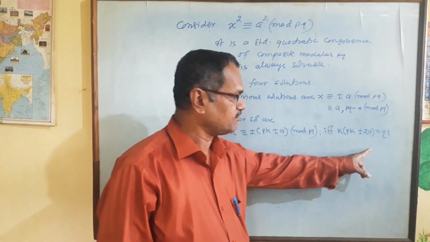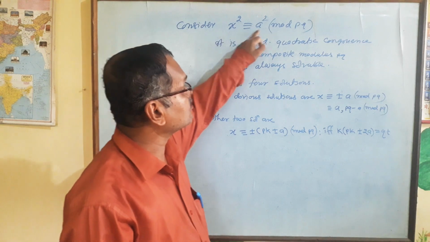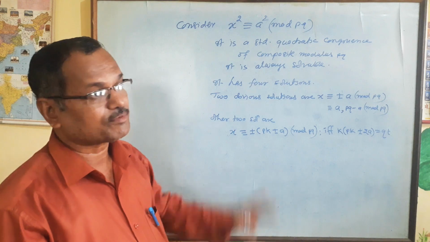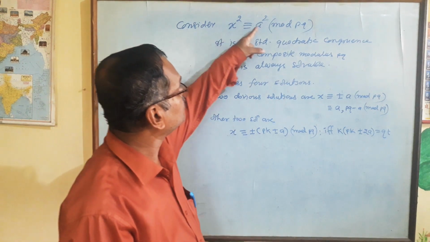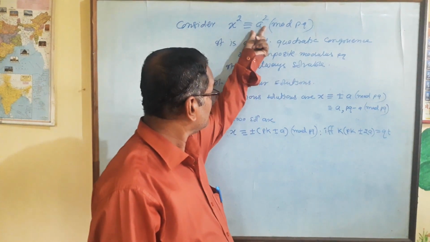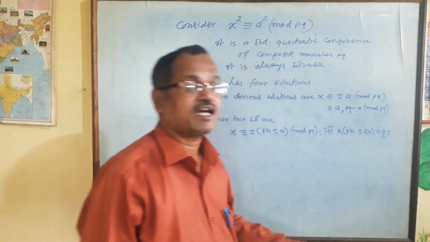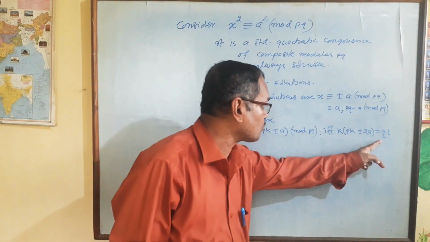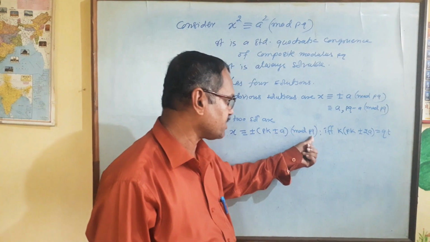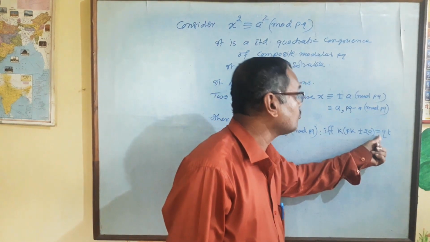This is my formulation. Actually, I have obtained this formulation for this quadratic congruence of composite modulus, where the modulus is a product of two primes: x square congruent to a square mod pq. Two of the solutions are the square root of a square, plus minus a, that is a and pq minus a, and the other two remaining solutions are given by this formula, x congruent to plus minus pk plus minus a mod pq, under this condition, k into pk plus minus 2a equal to qt.